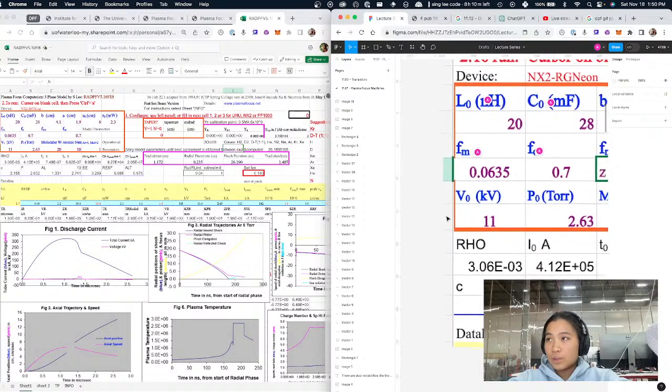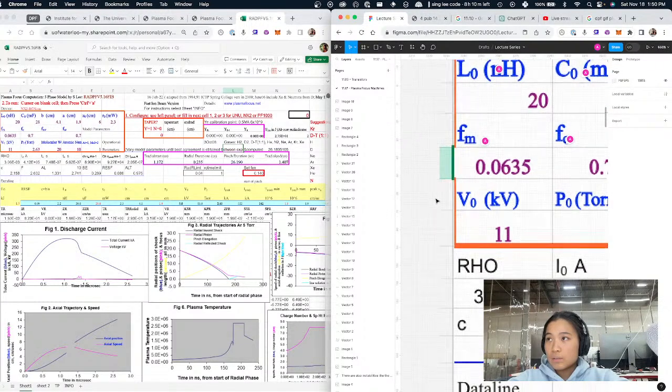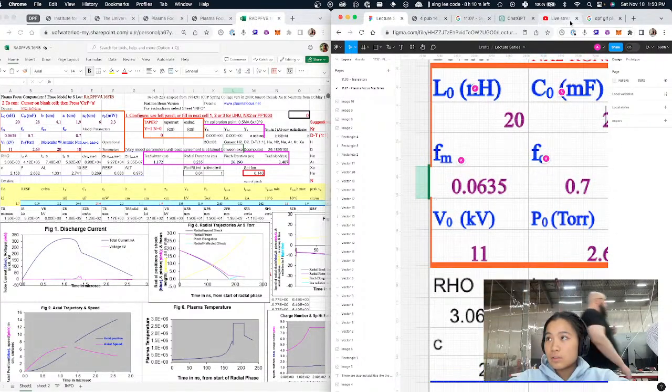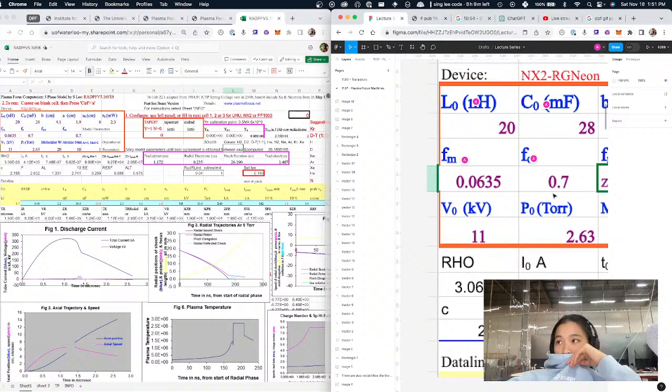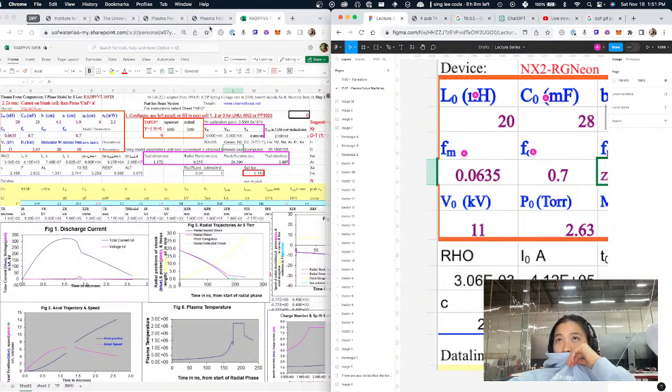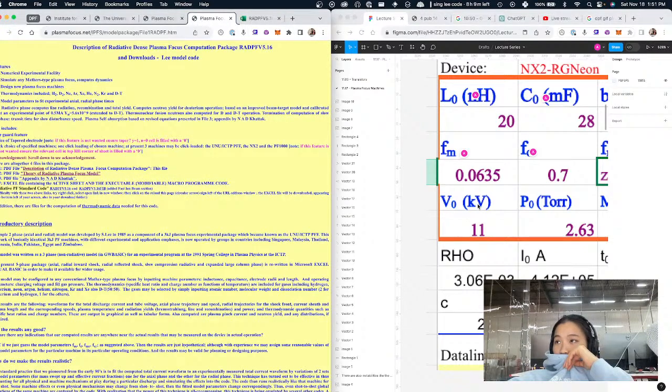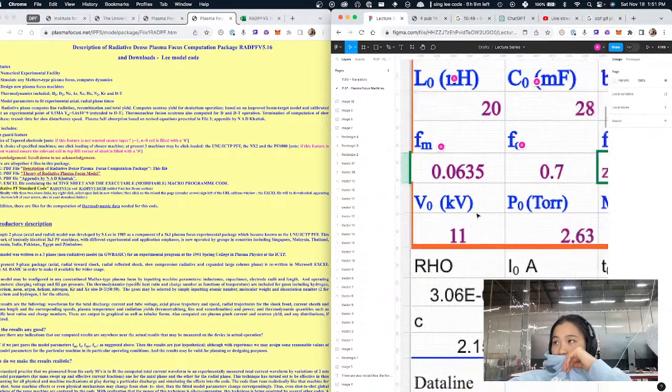Okay, and then the voltage. What could this be? Voltage. I'm guessing this is just voltage that is being sent along, in kV, that makes sense.